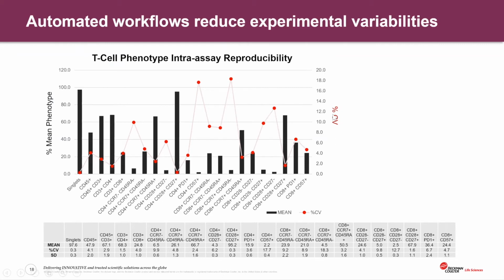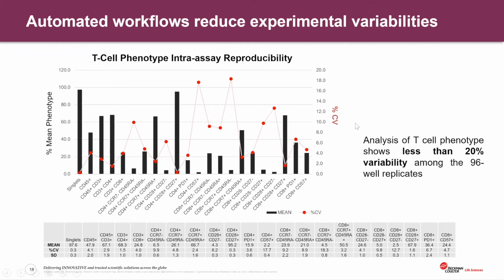So what you see here is consistently less than 20% variability among the 96 replicates, and even in the cases where the percentages of the events were less than 2%, where you would expect the variability to increase significantly, which in turn is the case. So what you're consistently seeing here is very good reproducibility.